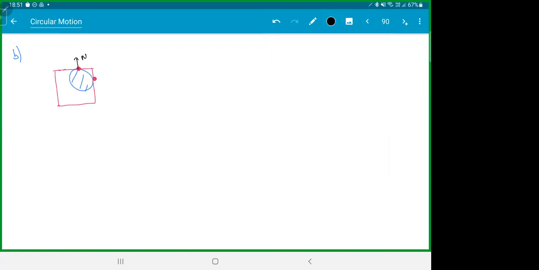So this would be Ny, this would be Nx. So equation, everything will look same. The only difference is now there will be 2 frictions. If there are 2 points of contact, there will be 2 frictions.